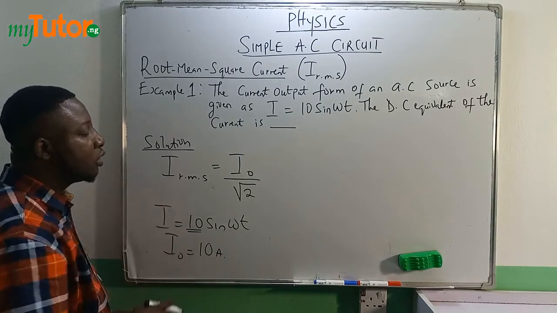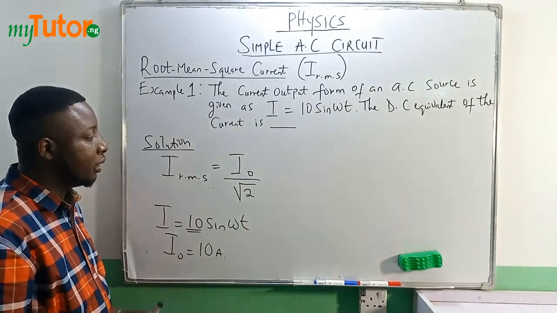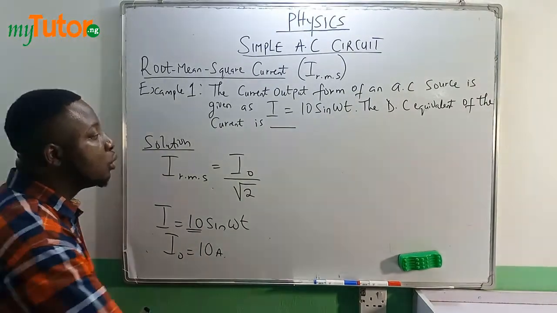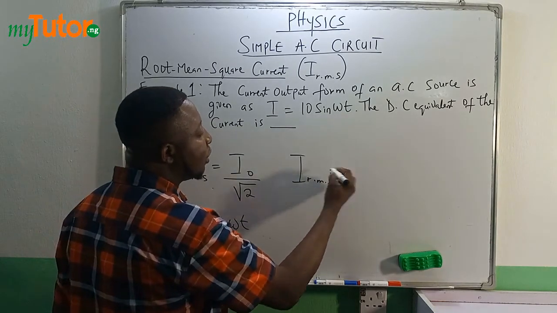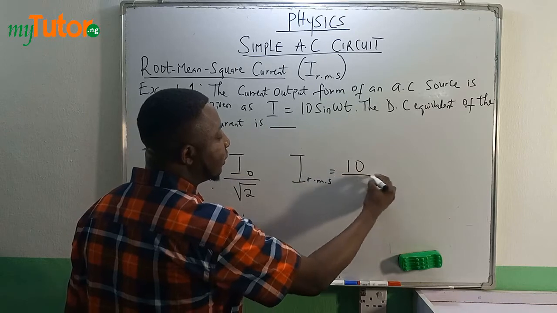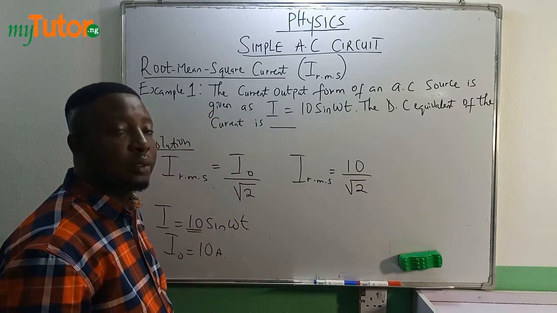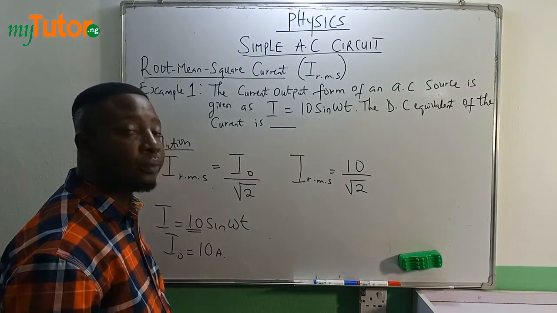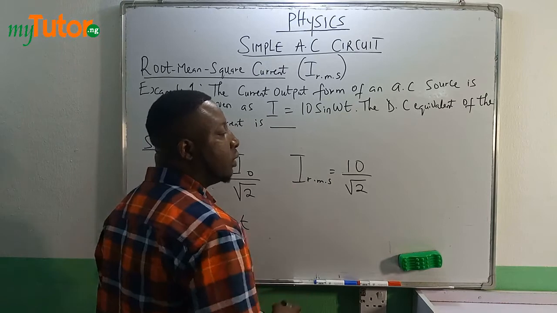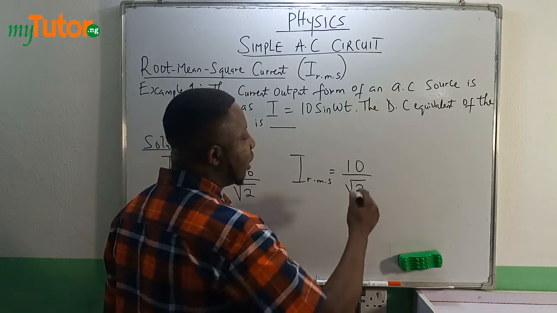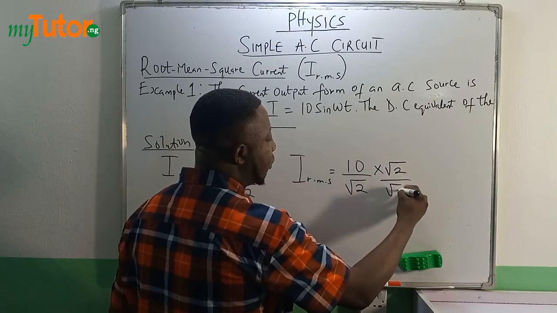To solve for the root mean square current, we now substitute the value of peak current into the formula. So our root mean square current will be equal to 10 divided by square root of 2. To solve this, we rationalize the denominator by multiplying by square root of 2 over square root of 2.